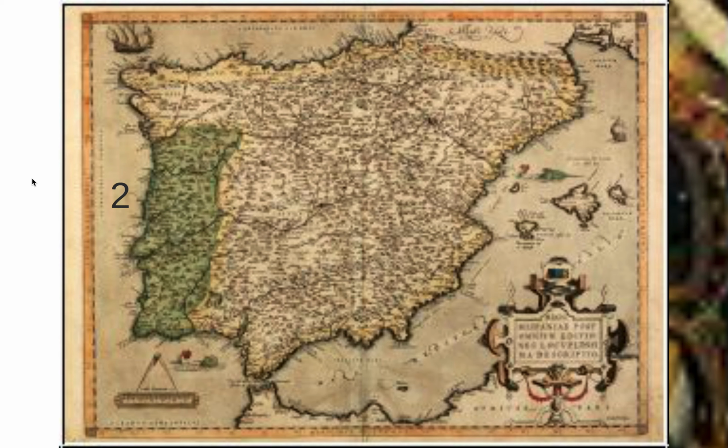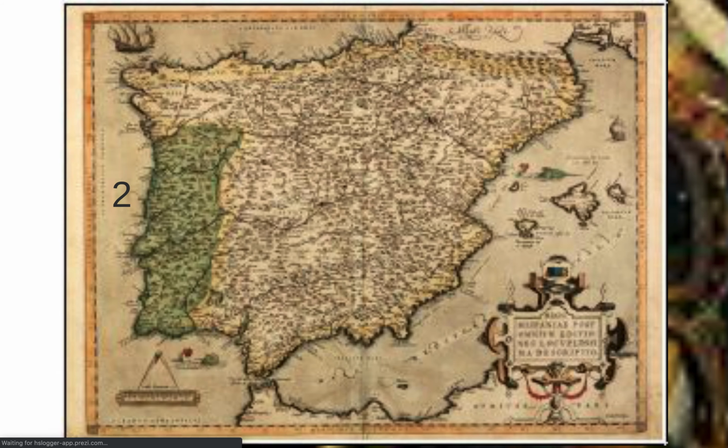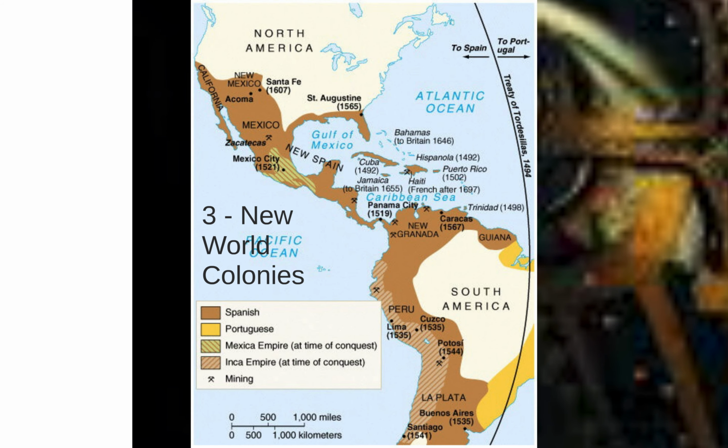All right, Spain was the leading country in the world at this time, 1500s to 1700s about, because of their wealth, closely aligned with the church. They were the strongest Catholic country in the world. But the main reason for their wealth was this. These are all colonies that were established by the Spanish in the New World.